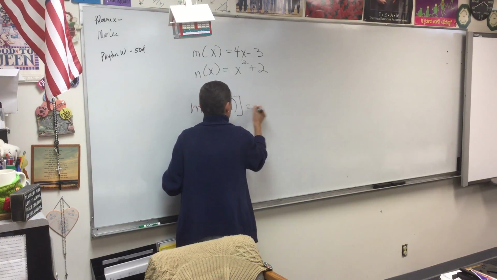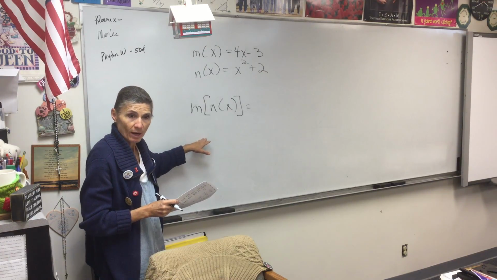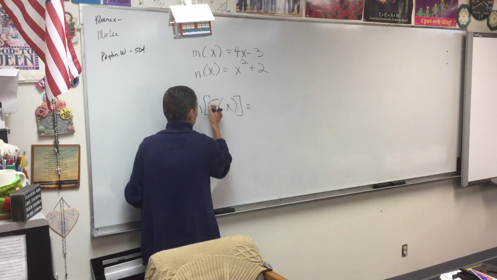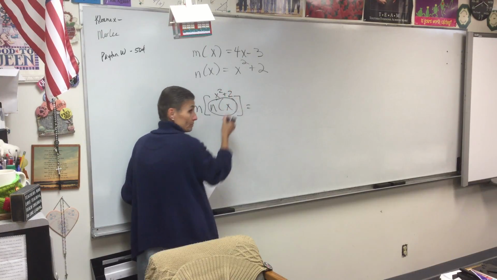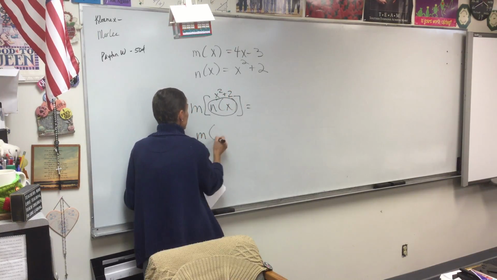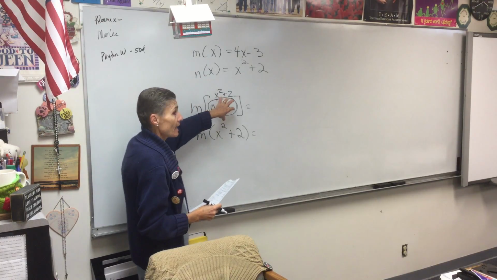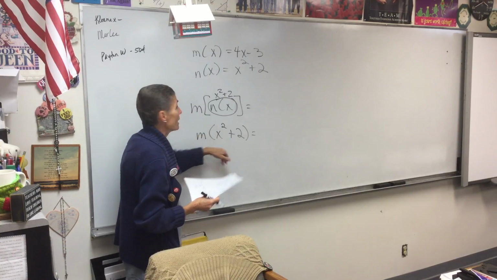Oh my gosh, we just did that. That's what somebody asked about on the quiz, right? So this says take whatever n of x is, which is x squared plus 2, and put it into m. Take n and put it into m.